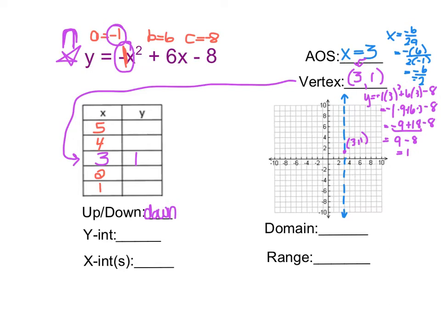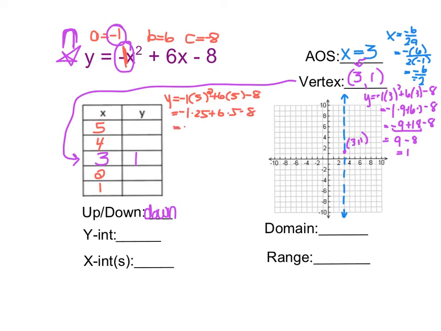So I'm going to start with x is equal to 5. So I have y is equal to -1 times 5 squared plus 6 times 5 minus 8. If I do my exponent first, I get negative 1 times 25 plus 6 times 5 minus 8.